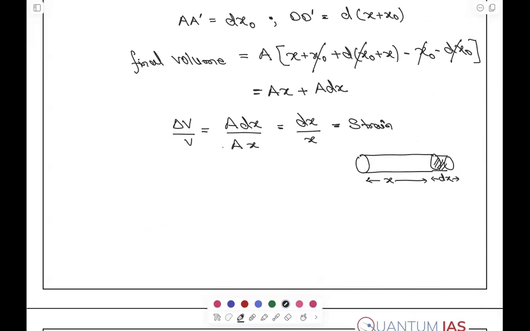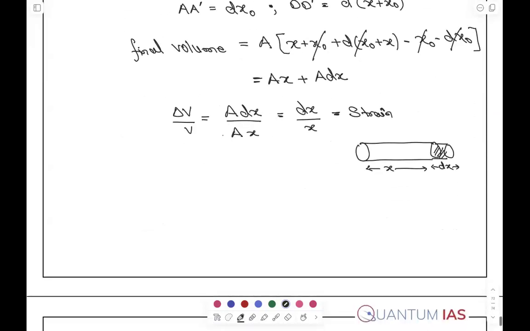So this dx by x is my strain. Same goes with the fluid. It is easier to visualize for a solid than for a fluid, but the same will apply there also. So this is my strain analysis. Has everyone understood this one or not? Is it clear till here for everyone?